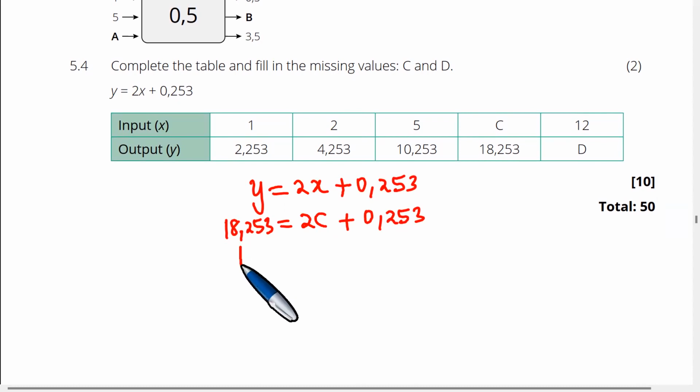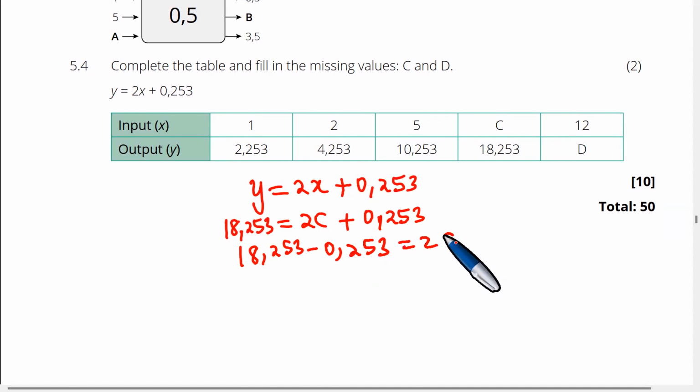Right, we take 18.253 and transpose the 0.253, so 0.253 is taken away. You're subtracting everything after the decimal, and this is exactly 18, equal to twice C. So twice C equals 18.